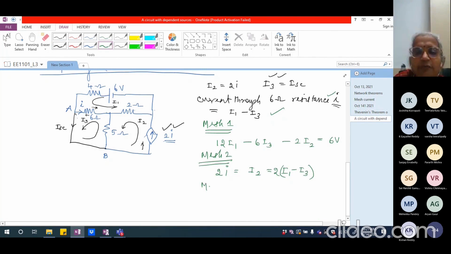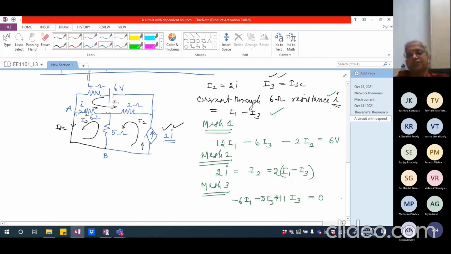And if I want to write for mesh 3, I can write 6 plus 5, 11. So 11 I3, and 6 is carrying I1 also, so that will be minus 6 I1 and minus 5 I2, plus 11 I3 equal to 0.